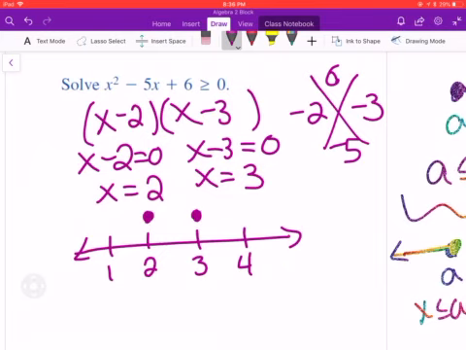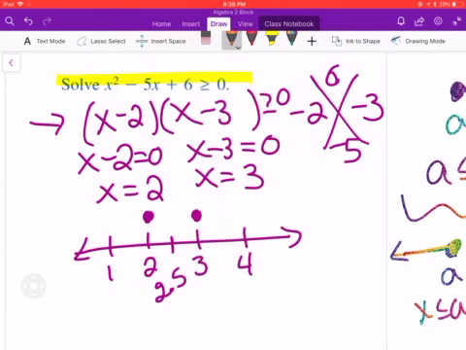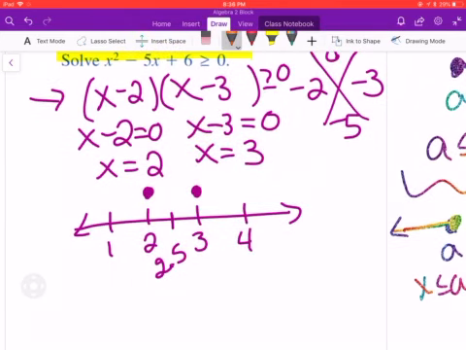We'll need to decide which situation we have here. To do that, I like to choose a point and test it to see if it's true. I'm going to choose a point in between 2 and 3, and I'm going to choose 2.5. You can plug that back into the original equation, or into the factored equation, because this also would be greater than or equal to 0. I think in this case it would be easier to plug it back into the factored form.